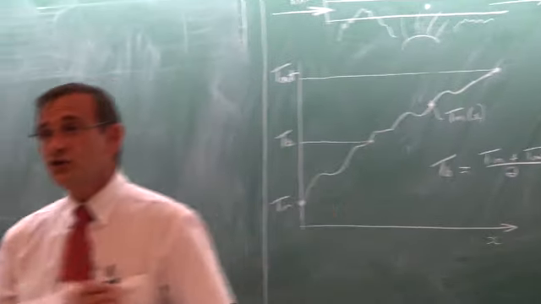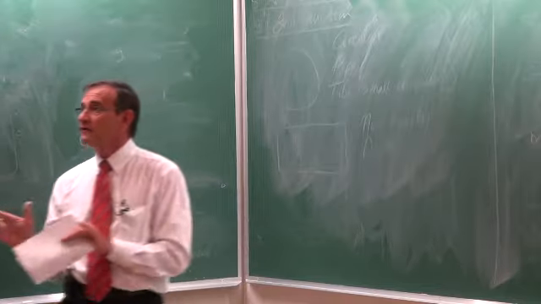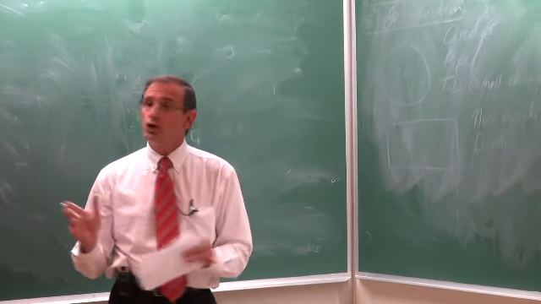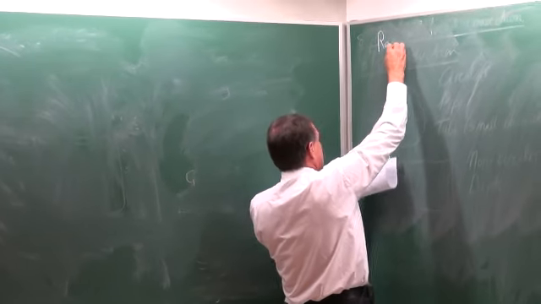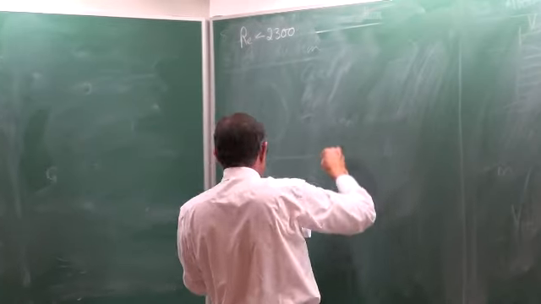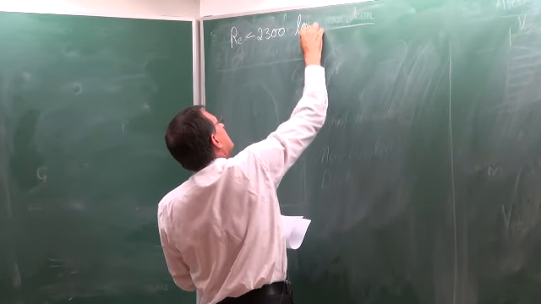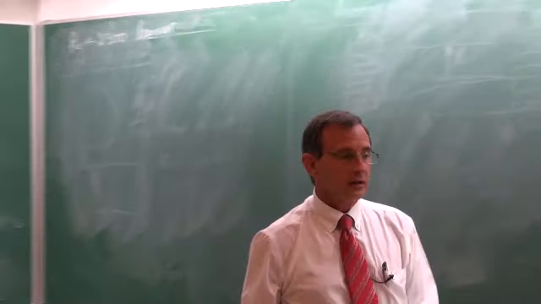What we've also discussed previously is the fact that the Reynolds number can be used to determine if the flow is laminar or turbulent. And we said that if the Reynolds number is smaller than 2,300, the flow is laminar. Do you agree?